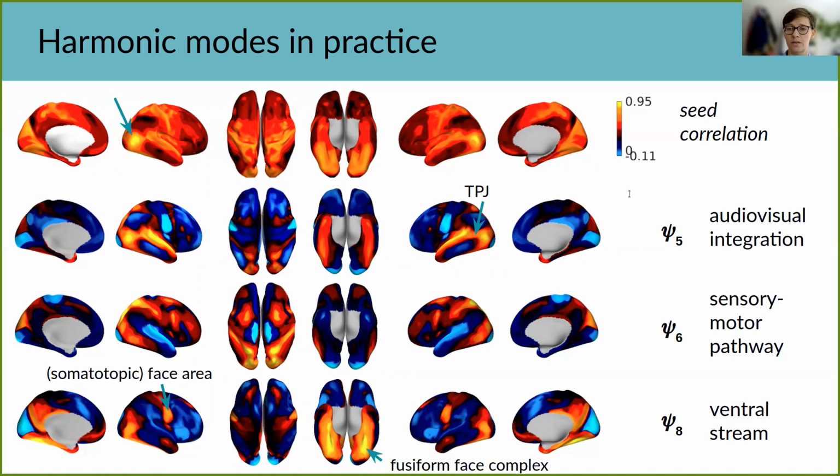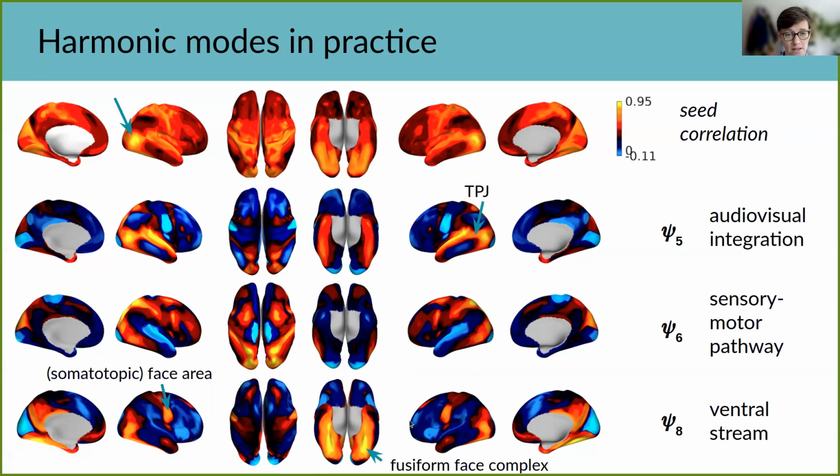So in this mode, we see that its connectivity is similar to that of auditory cortex, involving also the temporoparietal junction, known to be involved in audiovisual integration. So this is a network that is responsible for audiovisual perception, basically. In this harmonic mode, we see the sensory motor pathway where we have visual areas connecting all the way up to the parietal cortex.